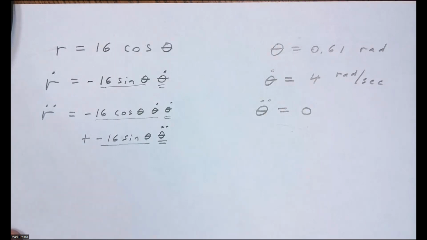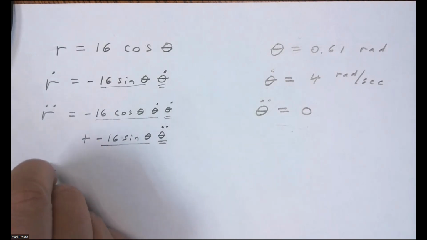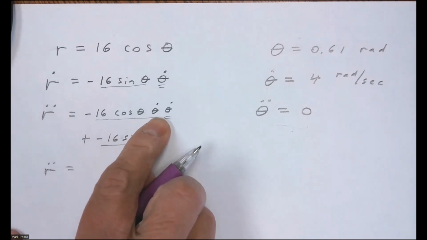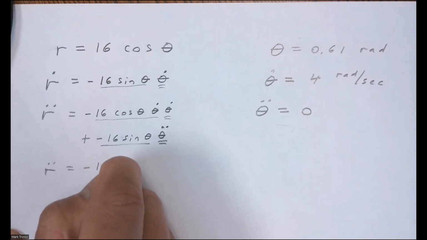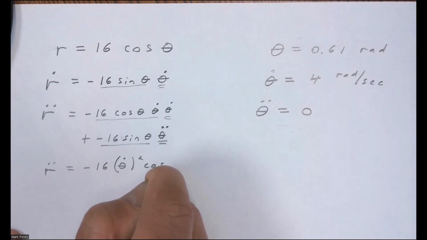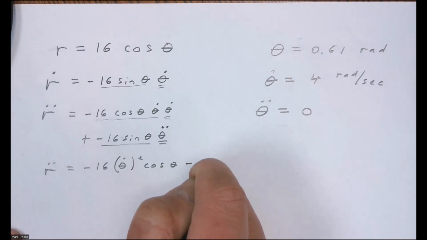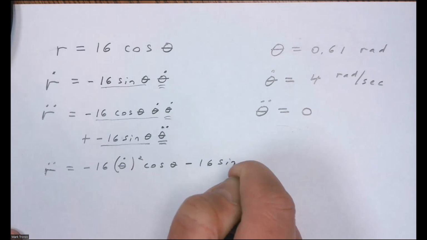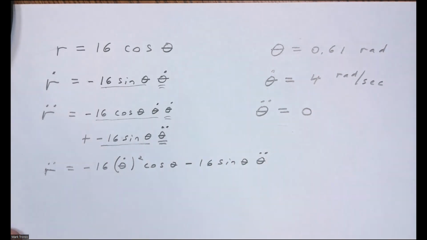We can maybe rewrite this a little bit better. Let me just rewrite this as theta dot squared cos theta minus 16 sine theta theta double dot.